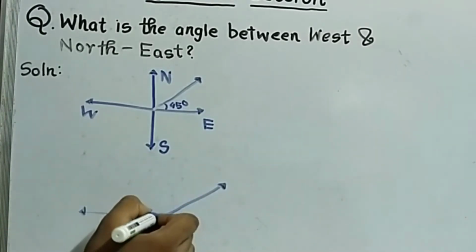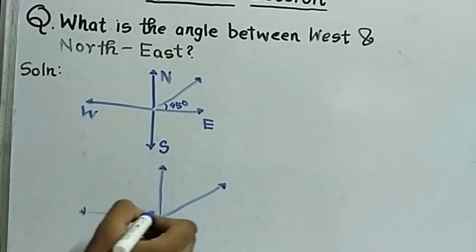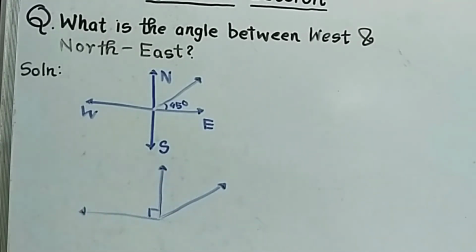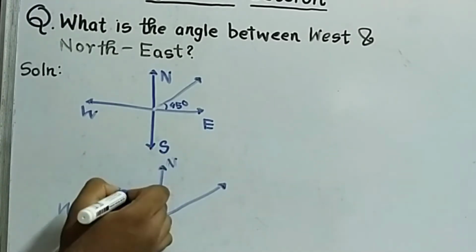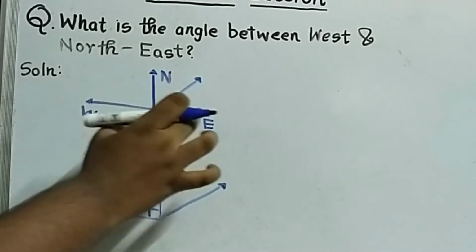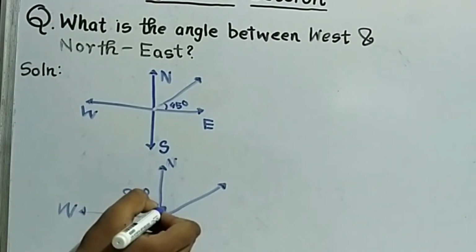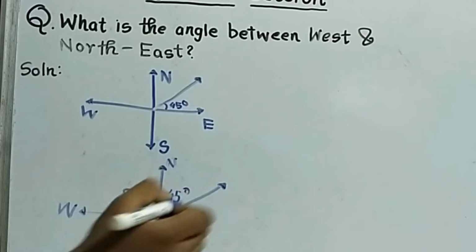We will also make a north sign here, and we know that north and west make 90 degrees with each other. This is west, this is north, they make 90 degrees with each other. And we also know that northeast makes 45 degrees with both sides. So we also know that this angle is 45 degrees.